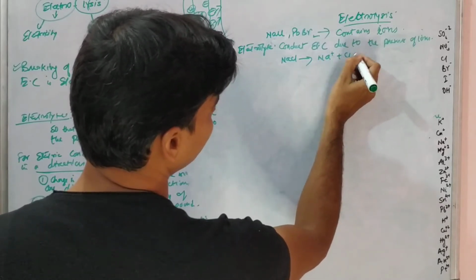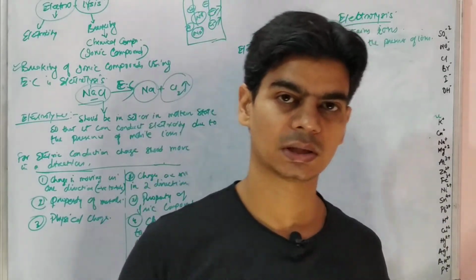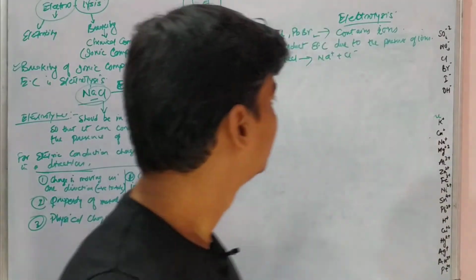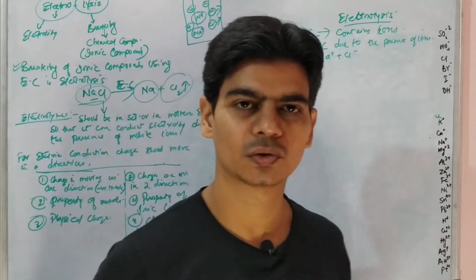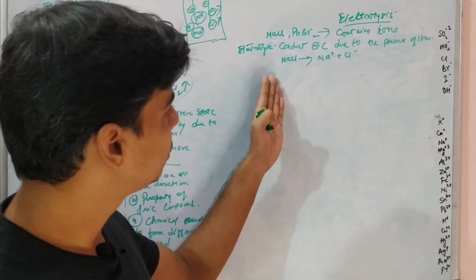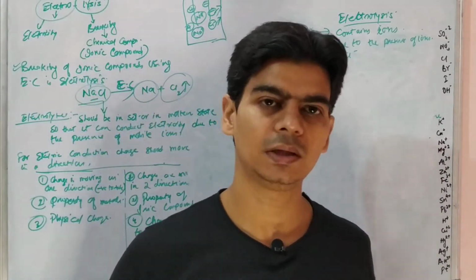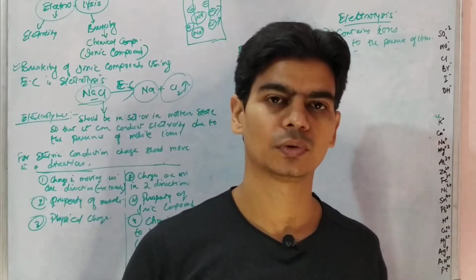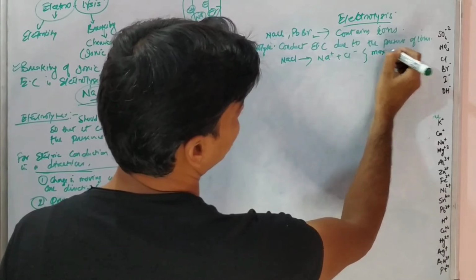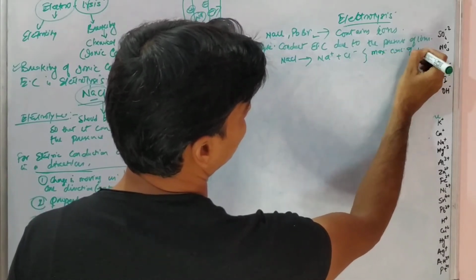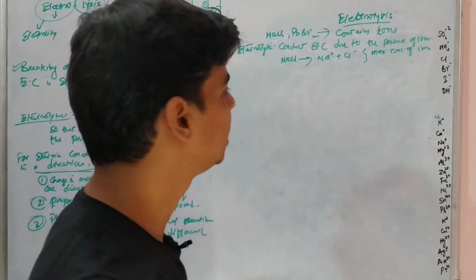We know that sodium chloride will dissociate into ions, sodium and chloride ions. We have already discussed dissociation, so you can just reverse the video and check what is dissociation. So sodium chloride will completely dissociate into sodium and chloride ions. When it will completely dissociate, it will have maximum concentration of ions. In this case, we have maximum concentration of ions, since sodium chloride is completely dissociating into ions.